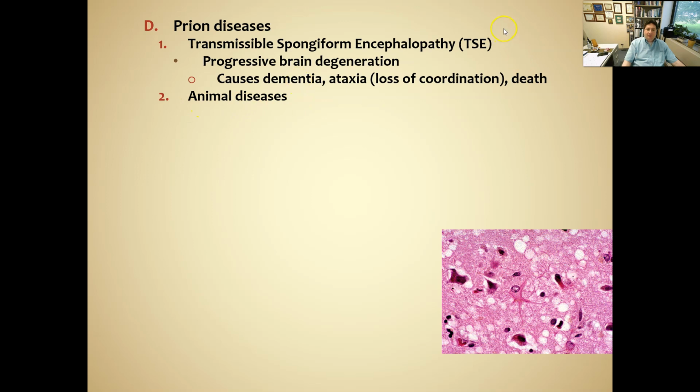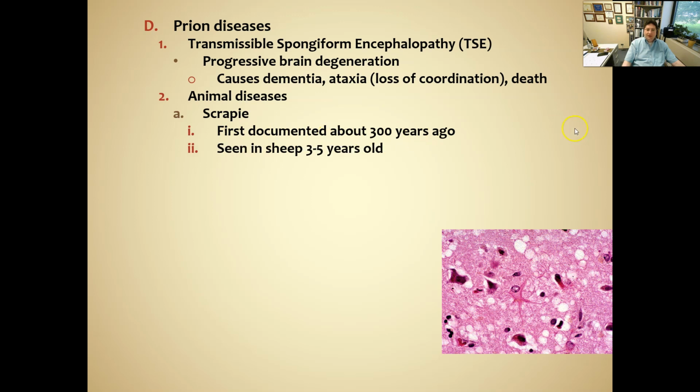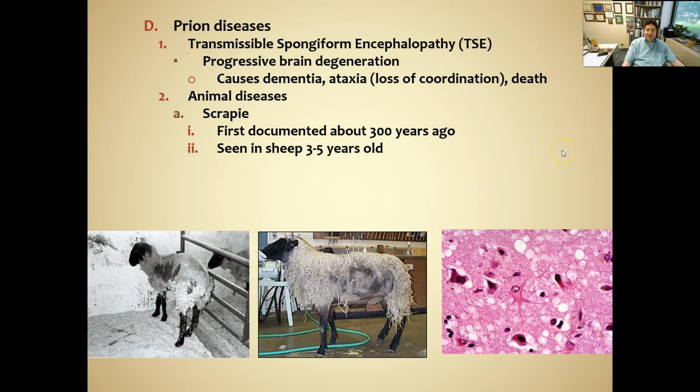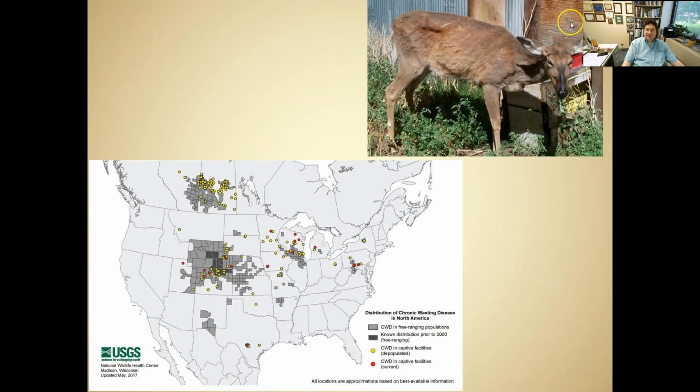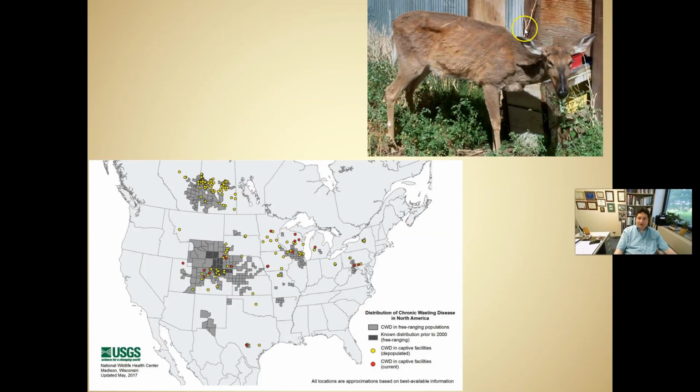Now, in animals, a couple important ones. We mentioned scrapie, first documented about 300 years ago, seen in sheep 3 to 5 years old, as shown here. You might have heard of chronic wasting disease, which mainly affects deer. And you can see what it's done to this poor deer here. The yellow and red dots on this map indicate where we have seen cases of chronic wasting disease. So you'll notice there are some here in New York State.